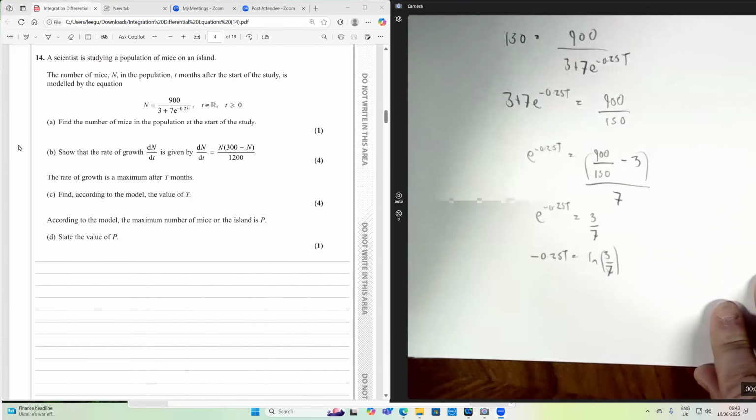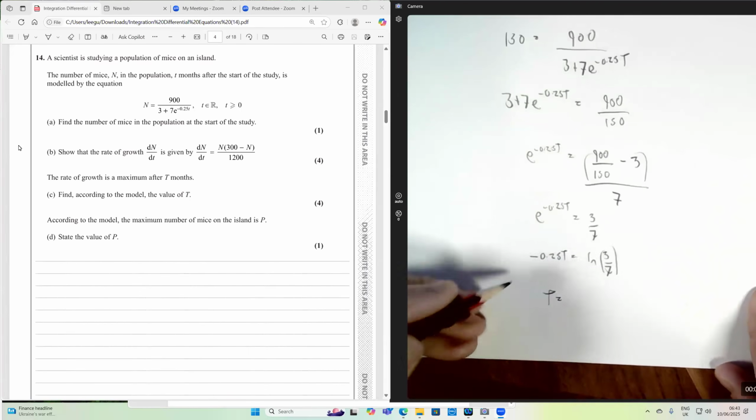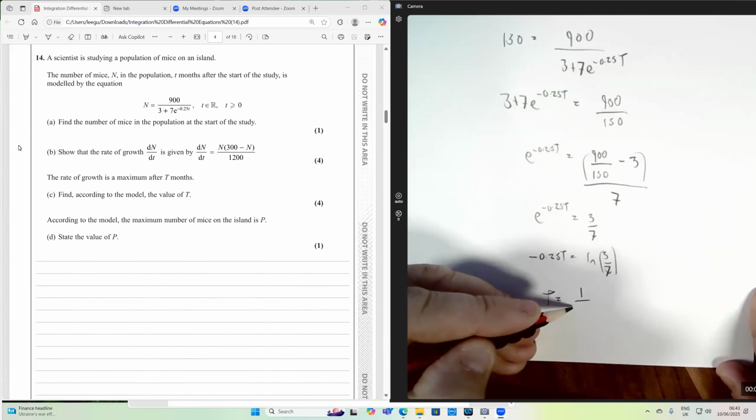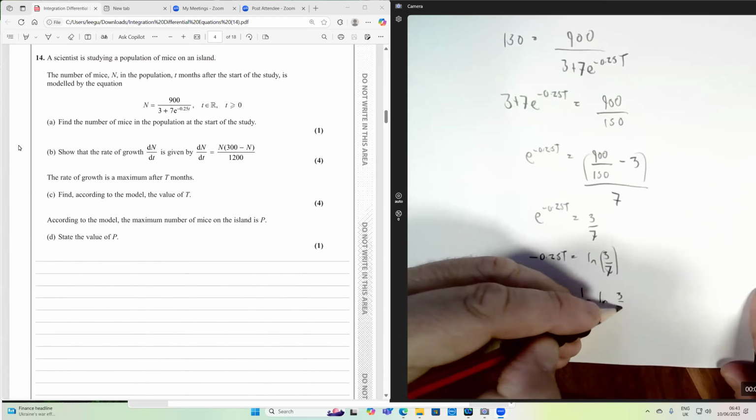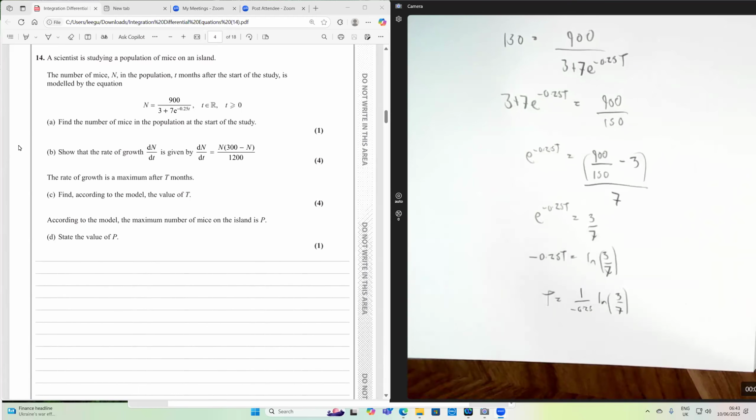And then t is therefore equal to 1 over minus 0.25 ln 3 over 7. And let's see what we get for that. So it's going to be natural log of our answer, and then we're going to divide the whole thing by minus 0.25.